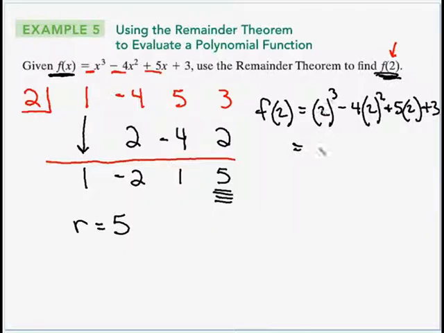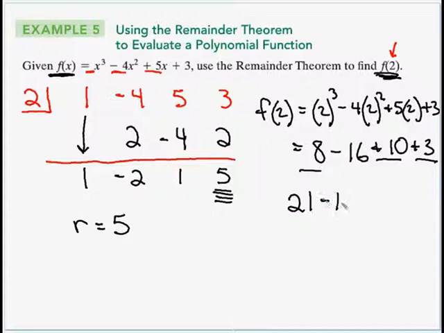Well, 2 to the third is 8, minus 2 squared is 4 times this 4 is 16, plus 5 times 2 is 10, plus 3. When I look at something like this, I like to add up all my positives. I got 8 plus 10 is 18, plus 3 is 21, and then I have my negative number, 16. 21 minus 16 is 5.